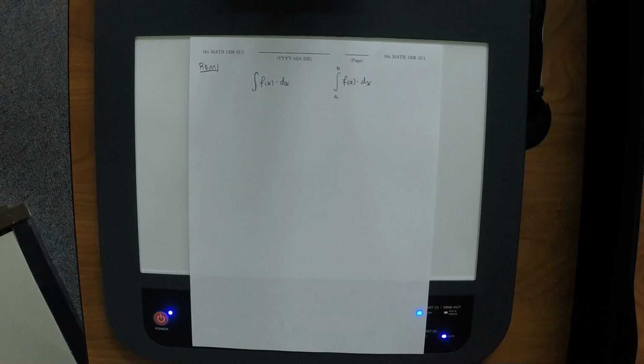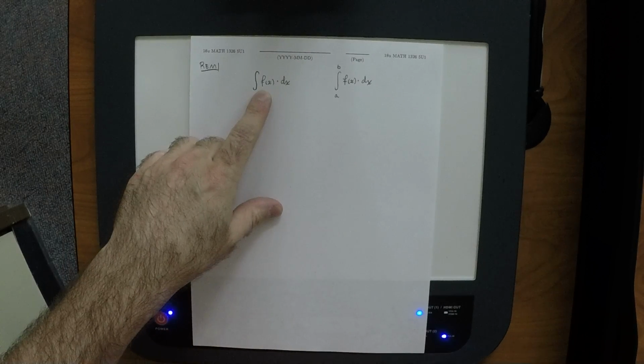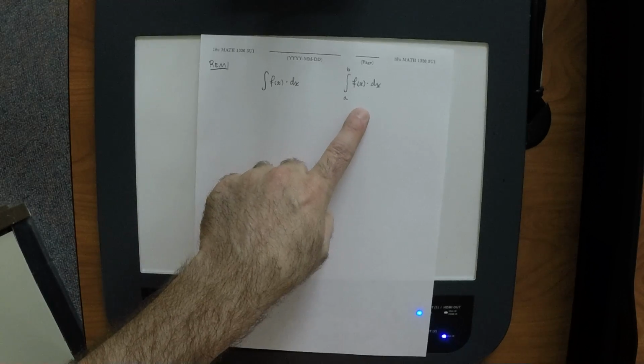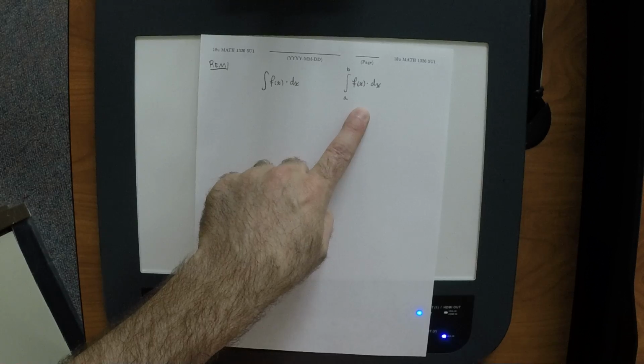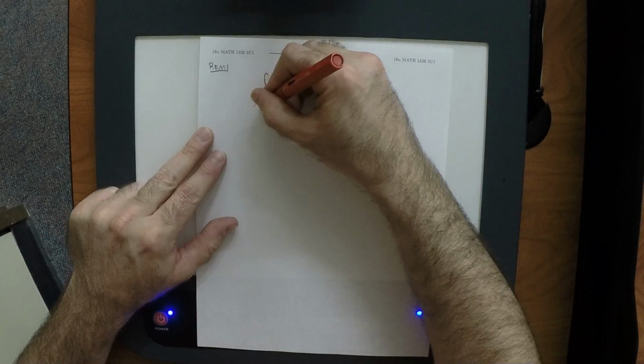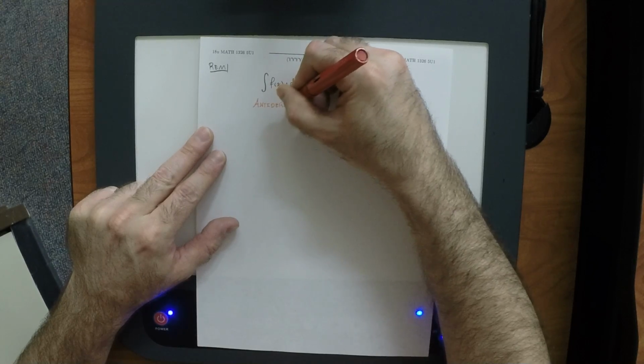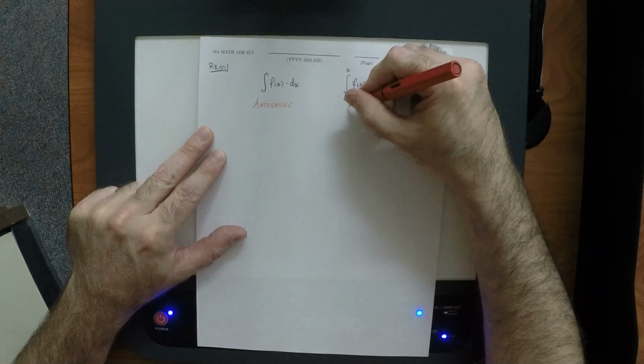And these things are different enough that I'm enforcing the use of extremely different names for them. So in particular, when you do this, the result of a computation like this is a function, whereas the result of a computation like that is a number. This kind of thing we're calling antiderivative. And this thing we're calling integral.